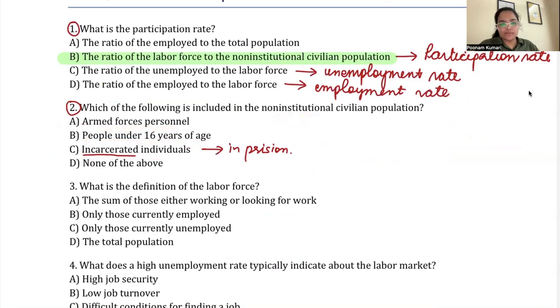Ma'am, armed force personnel is also under non-institutional civilian population.